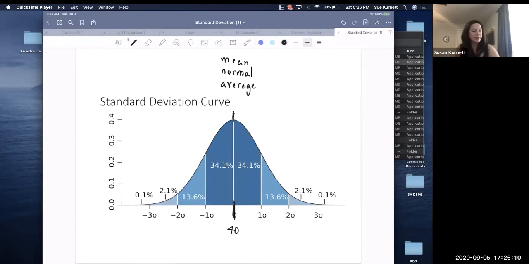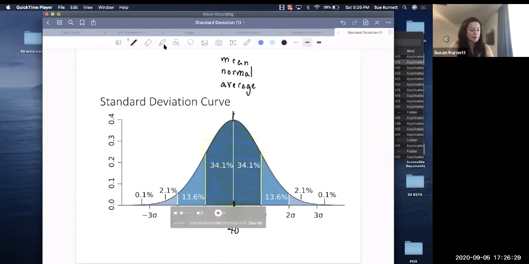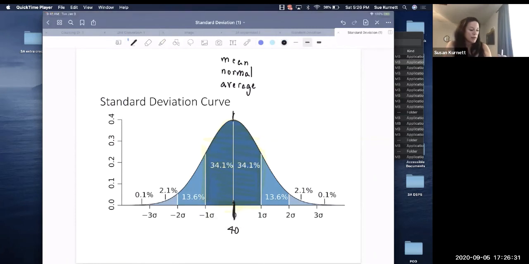But the area under the curve between here and here, if I add all of this up, that's 68%. So 34.1 on the left and 34.1 on the right is 68.2. The area under the curve here is 68.2% of everything, all the possibilities that occur.